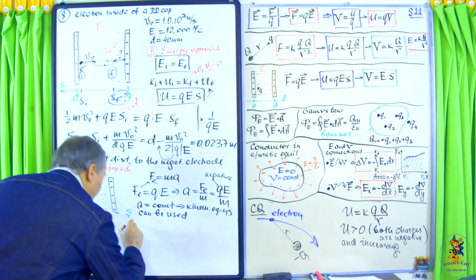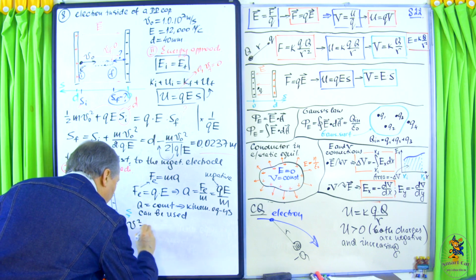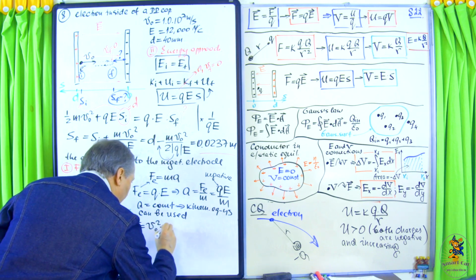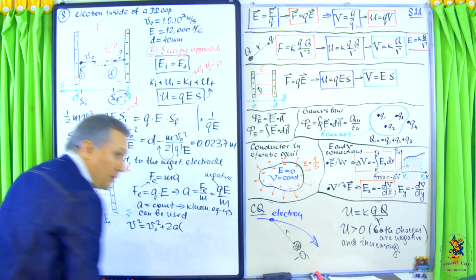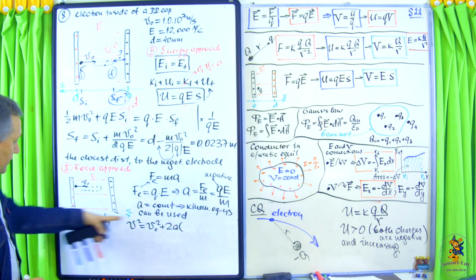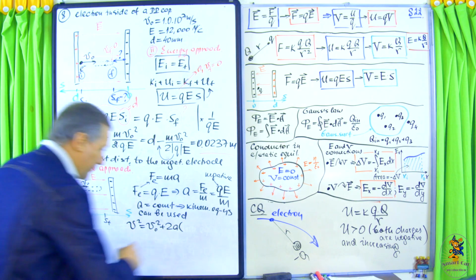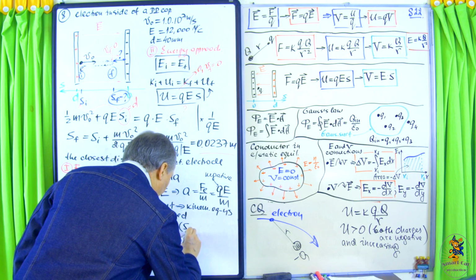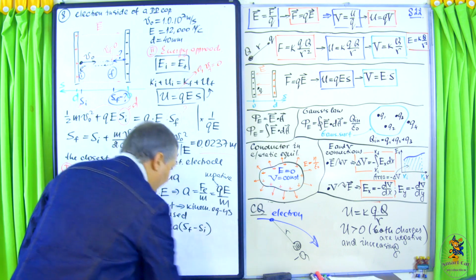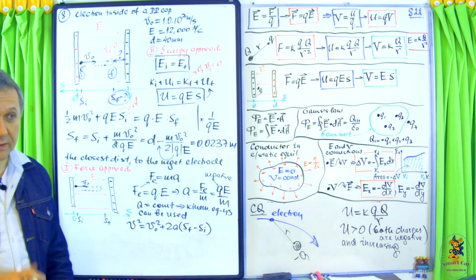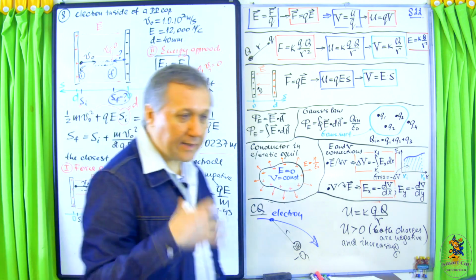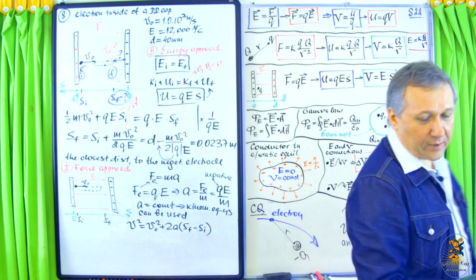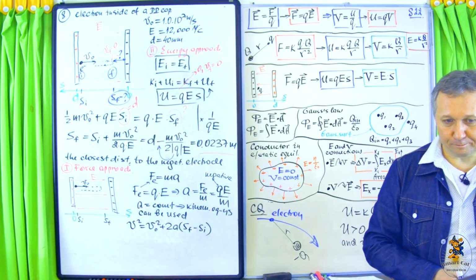So the most convenient will be this one: v squared equals v naught squared plus 2a, and then usually delta x, but in this case it's not x, we have s, so it will be s final minus s initial, delta s. In the kinematic equations we had just delta x, but instead of x, we use s.